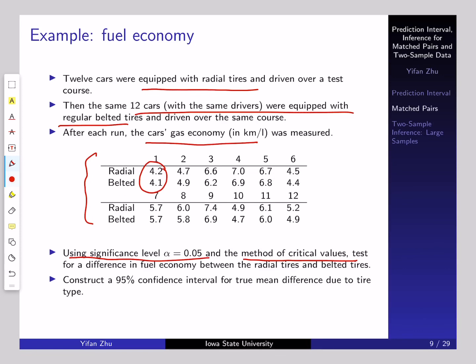We want to test if there is any difference between these two types of tires in the fuel economy. And then we will also construct a 95% confidence interval for the true mean difference due to the tire type.